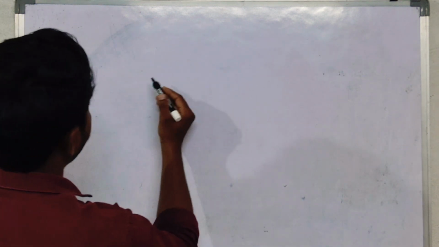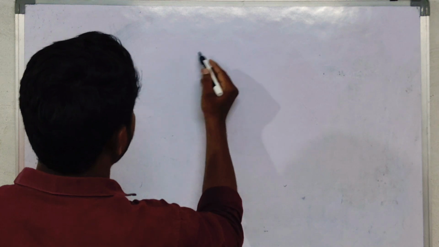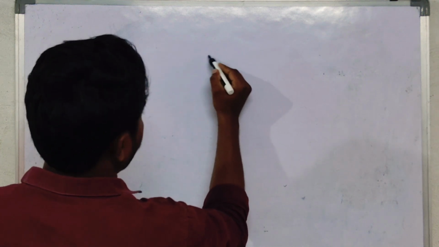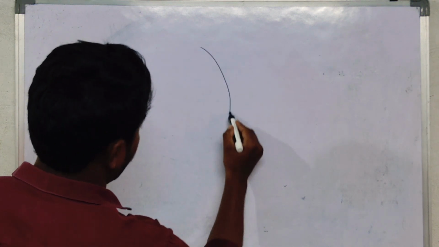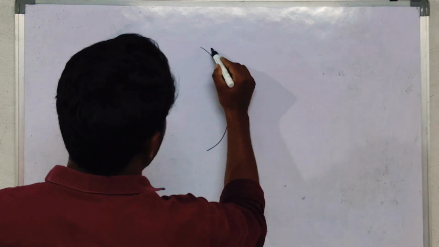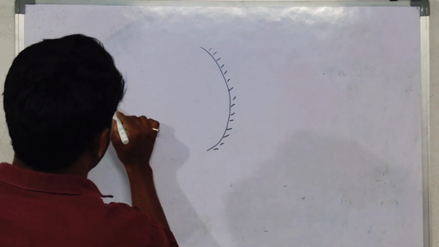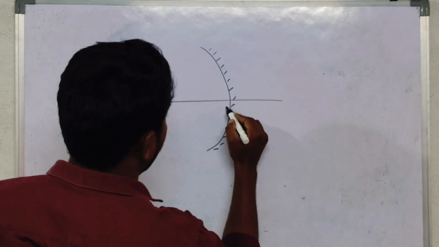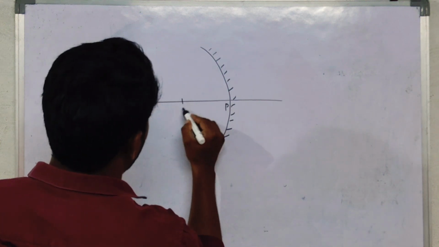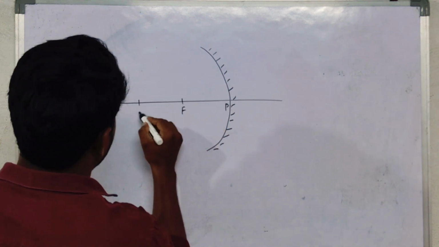Now again, let me draw a concave mirror. This is the principal axis, pole, focus, and the center of curvature.